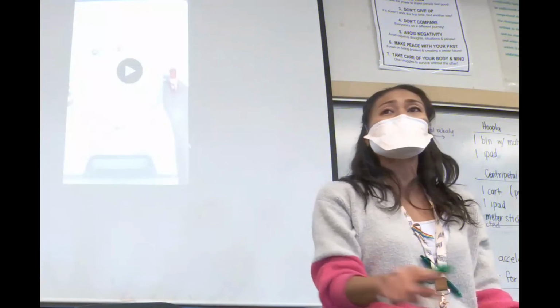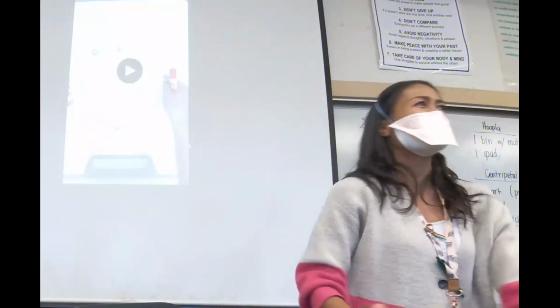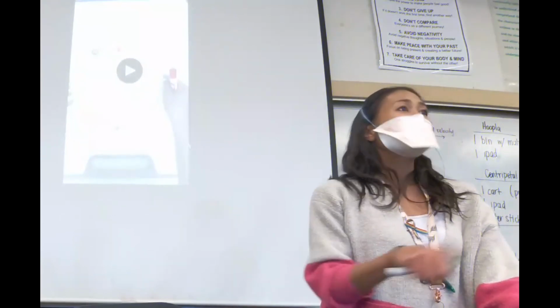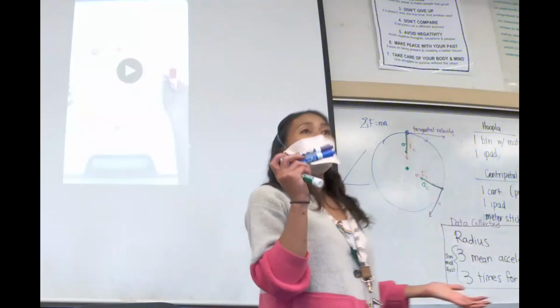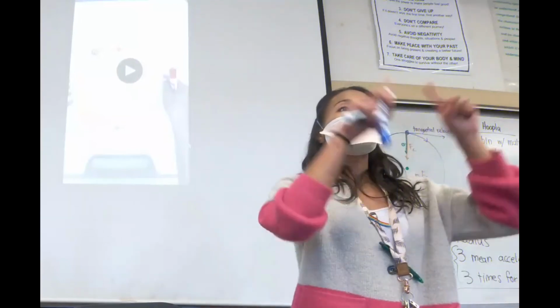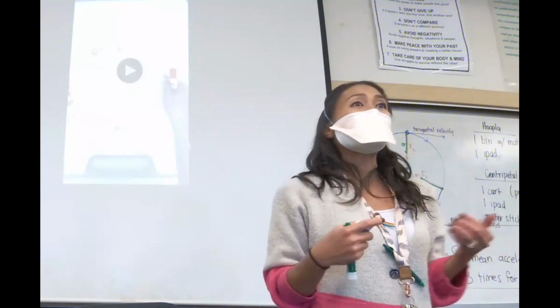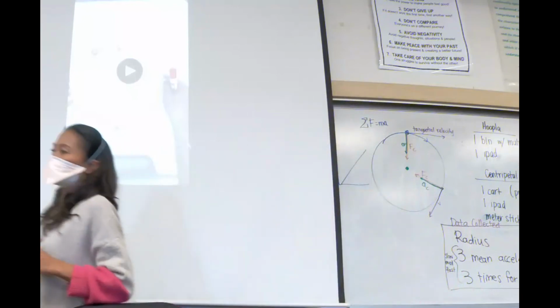It would go fast even with a little push versus a large hoop. And with a large hoop, sometimes you had to really spin it multiple times to get a good speed or a higher velocity. So with smaller radii, you get higher speed and higher acceleration.